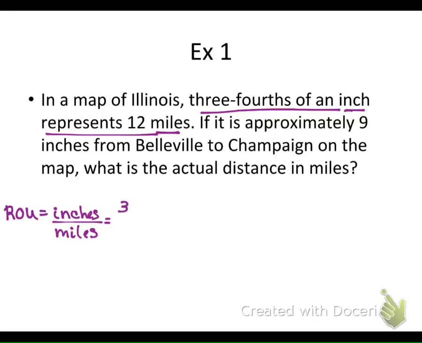So 3/4 over. And 3/4 of an inch represents how many miles? 12. So 12 is going to go on the bottom. So that's what we know. Now, the second one is what we need to know.